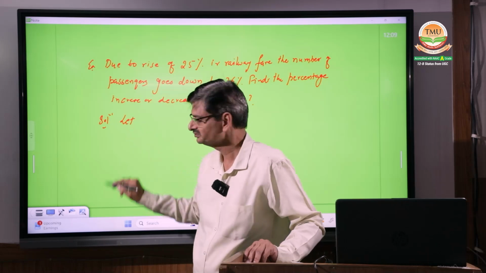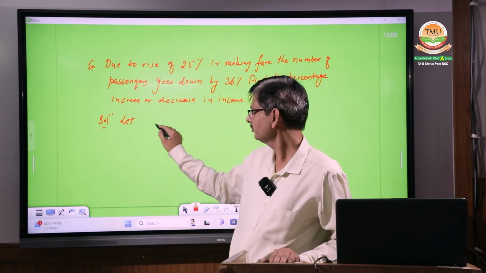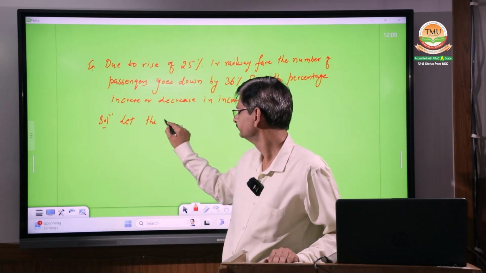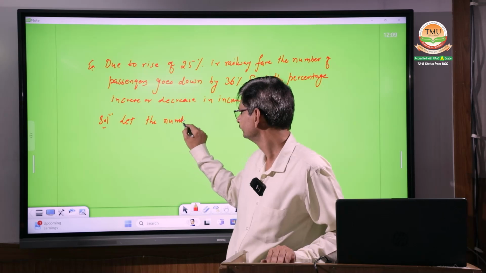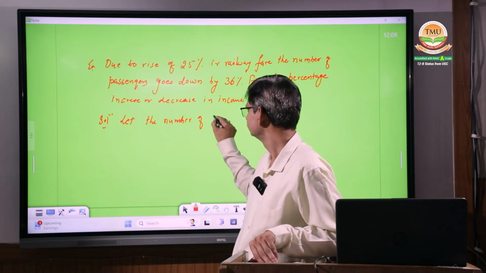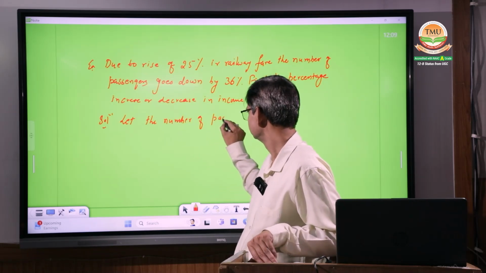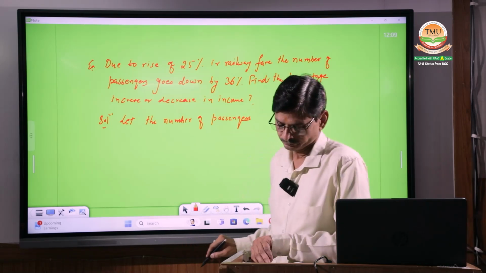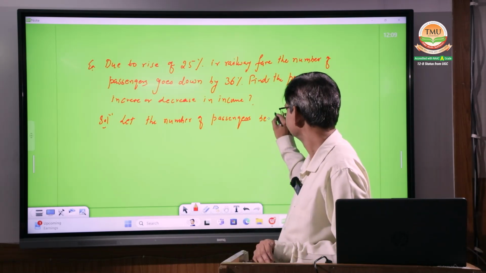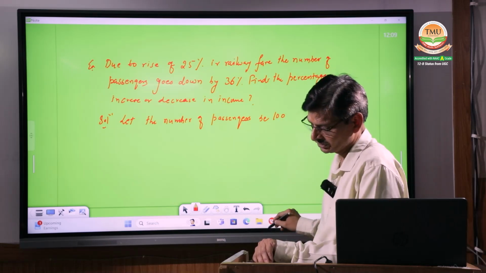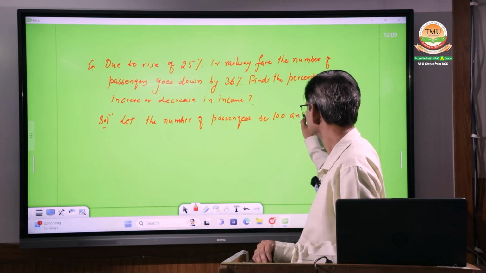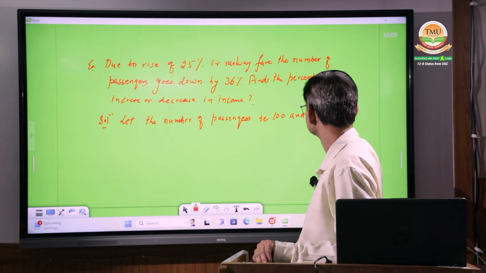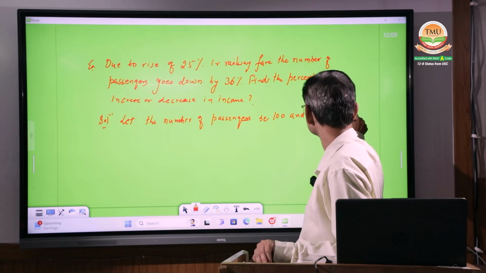Let the number of passengers be 100 and fare be, suppose, rupees 1.